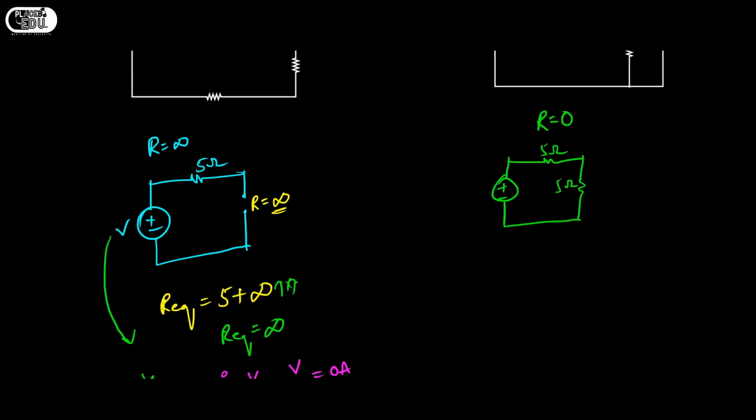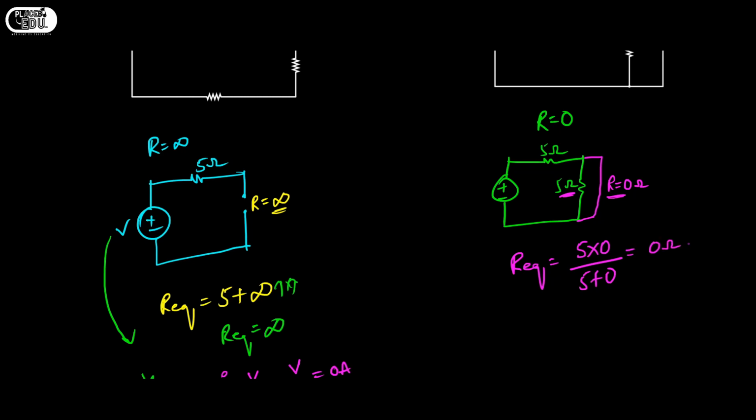Unfortunately, some fault occurred and this resistor got short circuited, which means here R equals 0. So 5 ohms and 0 ohms are in parallel. R equivalent will be 5 into 0 by 5 plus 0, that is R1 into R2 by R1 plus R2. Therefore, this is 0 ohms.